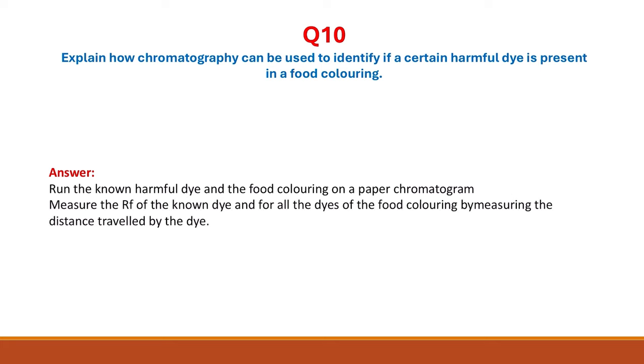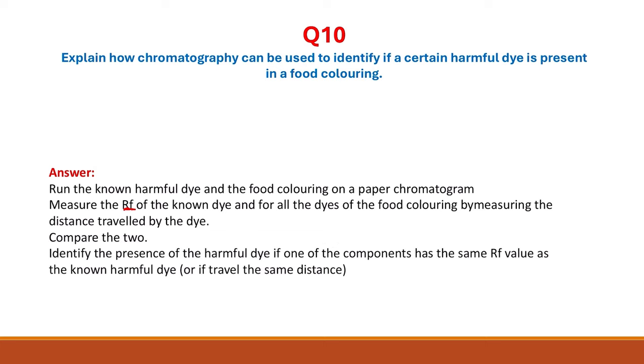And then you measure the Rf of the known dye and also for all of the dyes in the food coloring by measuring the distance traveled by the dye. So you measure the Rf by measuring the distance. And then you compare the two, identify the presence of the harmful dye if one of the components has the same Rf value as the non-harmful dye or if they travel the same distance.